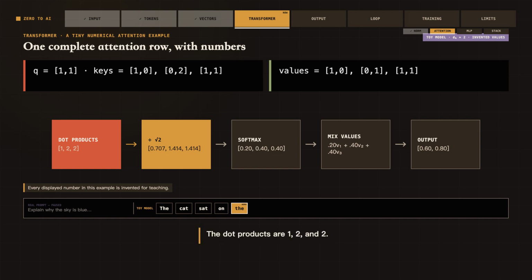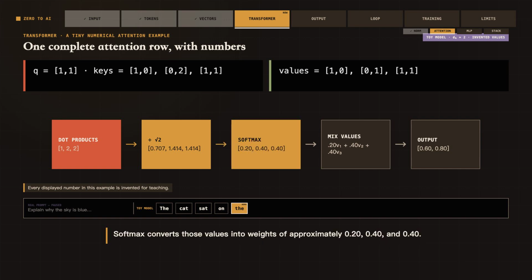The dot products are 1, 2, and 2. Because dk is 2, divide each score by the square root of 2. The scaled scores are approximately 0.707, 1.414, and 1.414. Softmax converts those values into weights of approximately 0.2, 0.4, and 0.4.